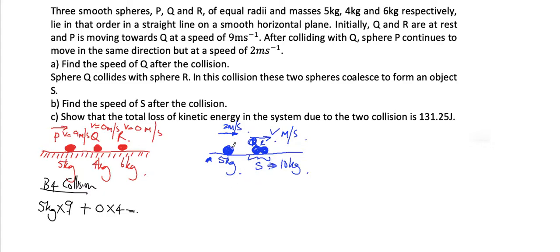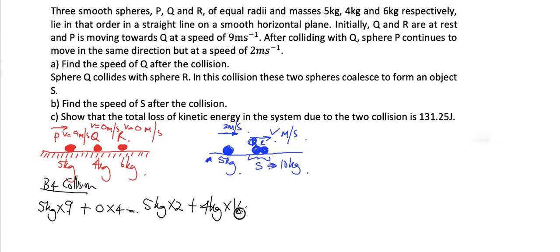After collision, P is still moving, but it's no more 9, the speed is reduced to 2, so 5 kg multiplied by 2, plus 4 kg, which is Q. Initially it wasn't moving, but now it's moving, so 4 kg multiplied by V.